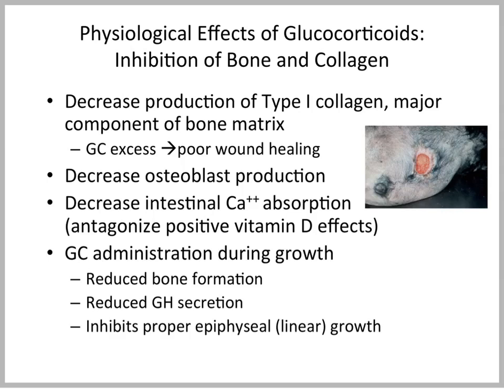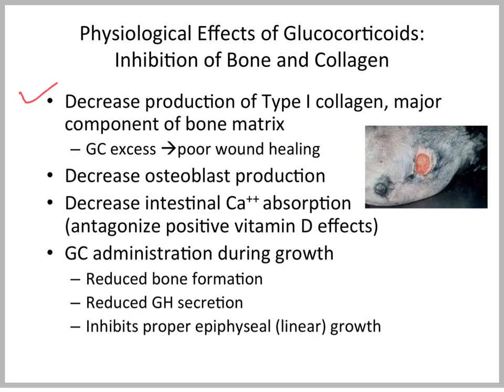Okay, what are the physiological effects of glucocorticoids on bone and collagen? Well, basically, they do reduce the production of type 1 collagen, which is a major component of the bone matrix.